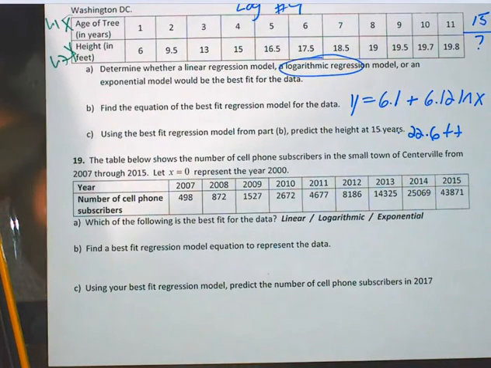All right, let's take a look at the next one. The table below shows the number of cell phone subscribers in the Town Hall of Centerville from 2007 to 2015. Let x equal 0 represent the year 2000. Then we have our data. Which of the following is the best fit for the data? Linear, logarithmic, or exponential?